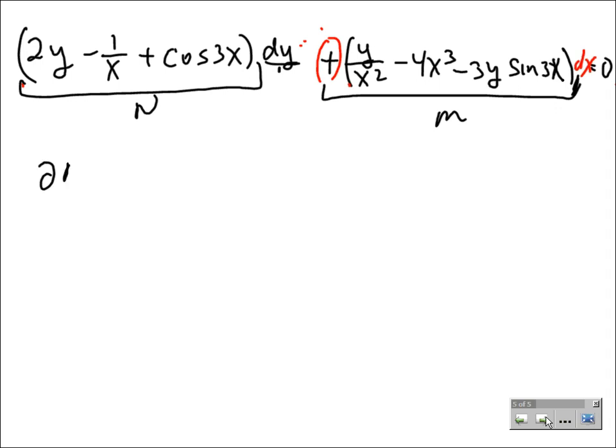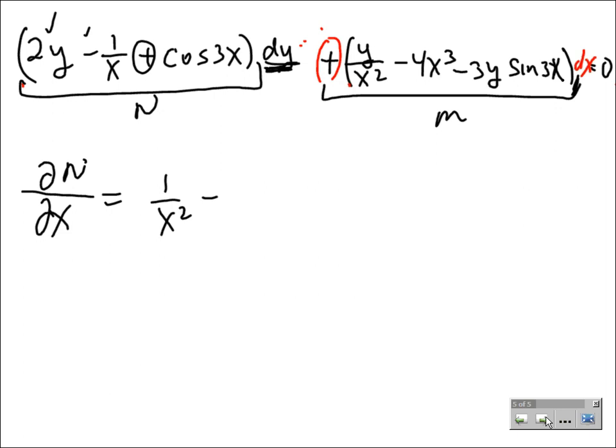Now, the partial of N with respect to not y, but the other letter. Well, the derivative of 2y is 0, minus the derivative of 1 over x is minus 1 over x squared. Don't need that plus in front.